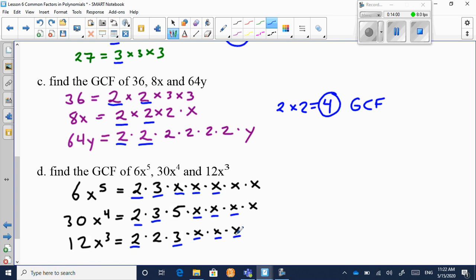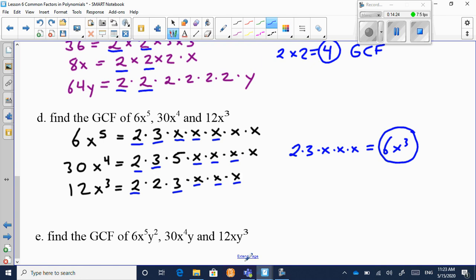So here we go. The greatest common factor is going to be 2 times 3, and then it's going to be times x times x times x. So that's 2 times 3 is 6, and then x times x times x is x cubed. So that is the greatest common factor that all 3 of those terms share.